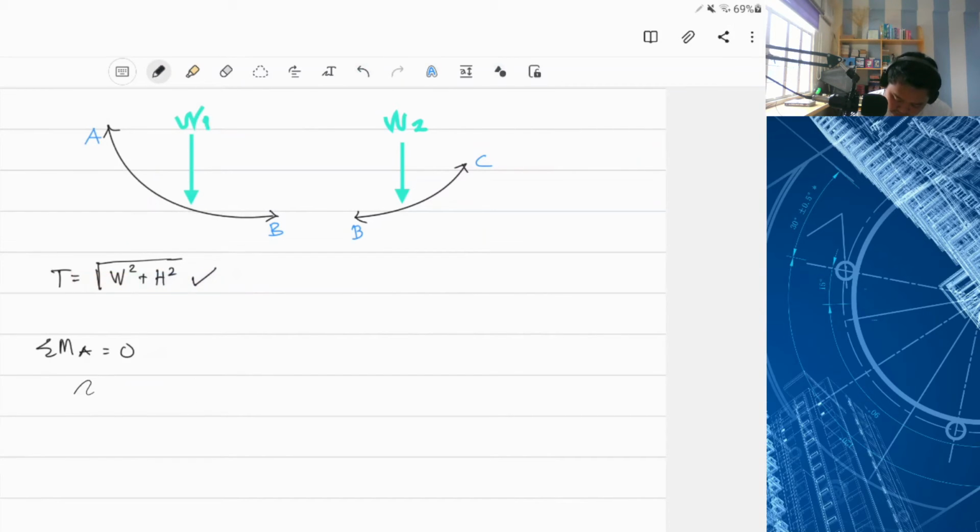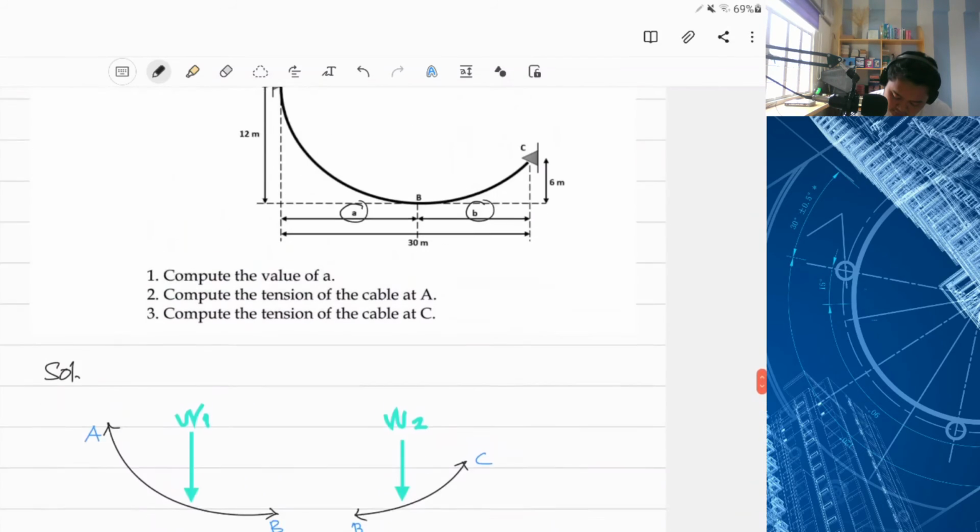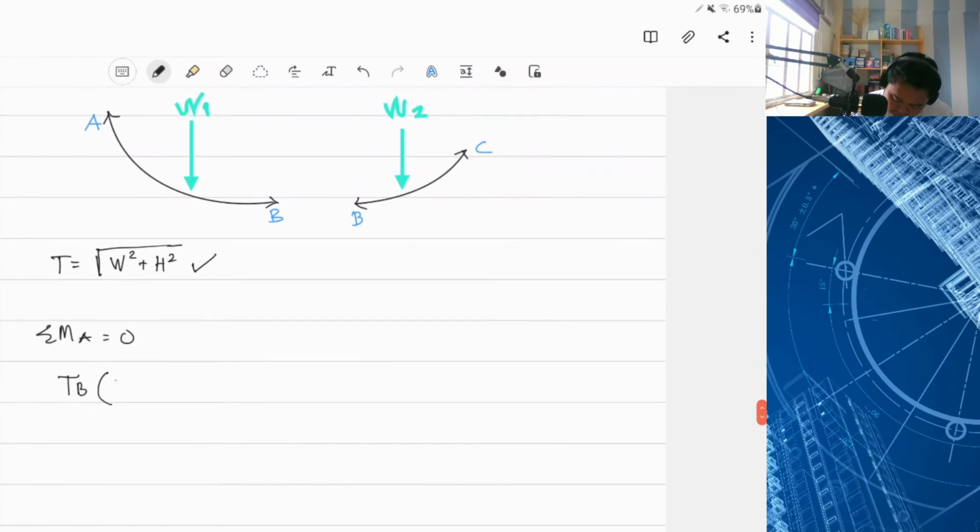What are the forces involved? So tension at B, counterclockwise, moment arm. The moment arm here is 12. Equals W1 times moment arm A over 2.